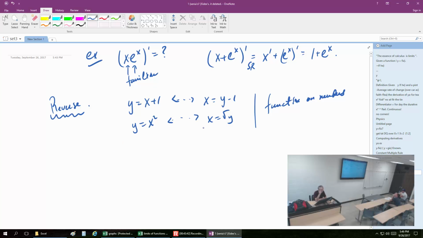Differentiation is also a function, but it's a function on functions. Look at this: x squared prime is equal to 2x. So that is a function on functions. You plug in a function, x squared, and the outcome is a new function.